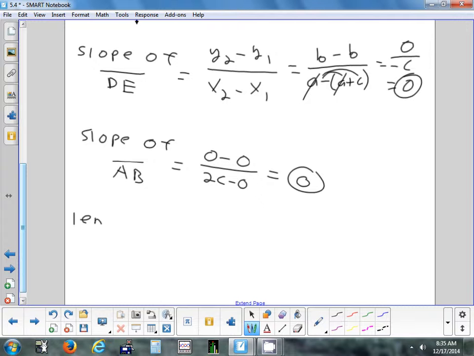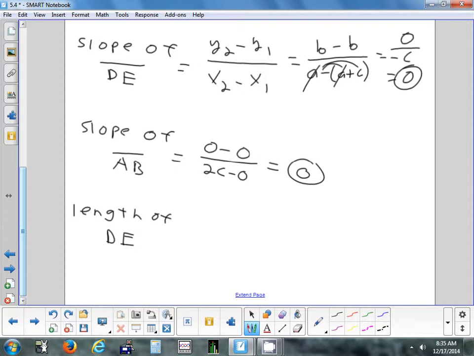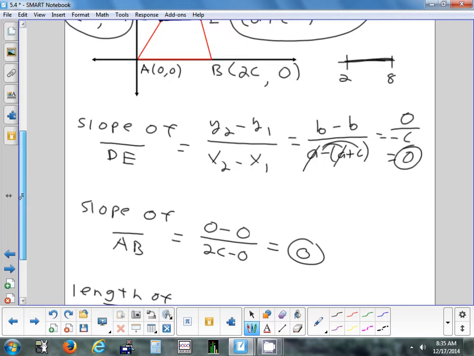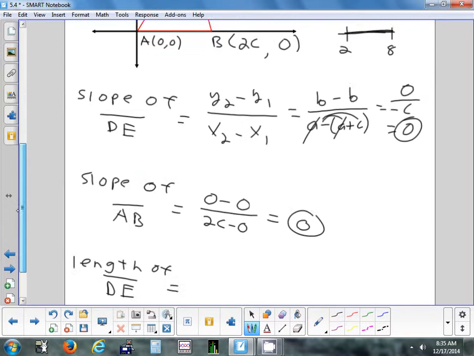Okay, so let's find the length of segment DE. The B's don't matter. The B's are the Y values. We already know they're at the same height. We just want to find how far apart they are on the X's. So take A plus C minus A.